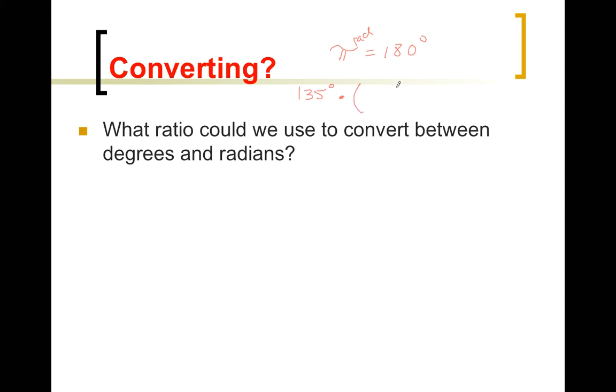In this conversion factor, I would have to divide by degrees in order to cancel degrees, and I would have to multiply by radians in order to introduce radians. We're going to use these two numbers as our conversion unit because pi radians over 180 degrees is equal to 1.